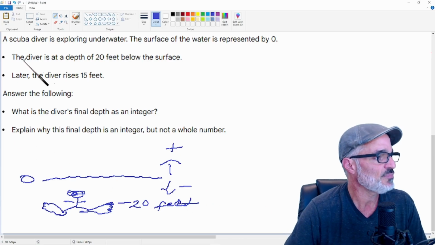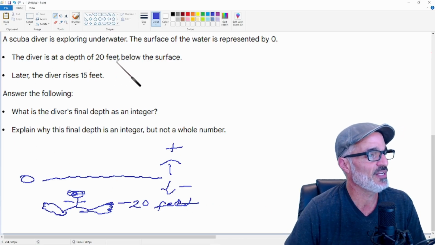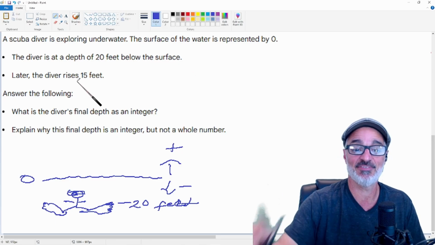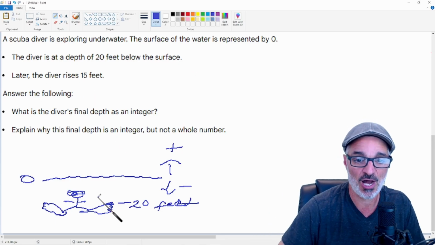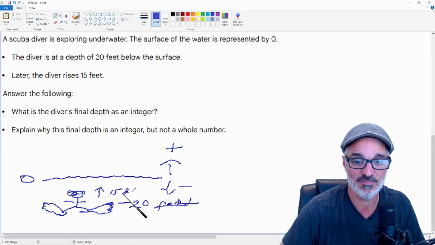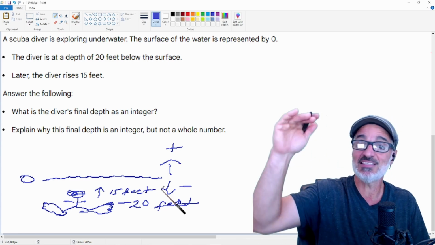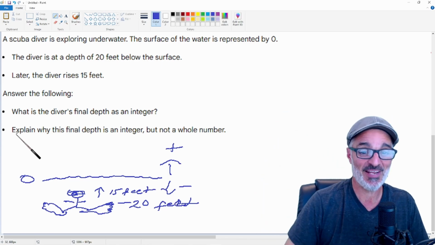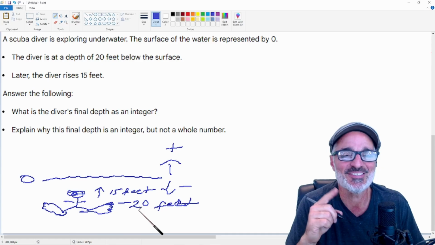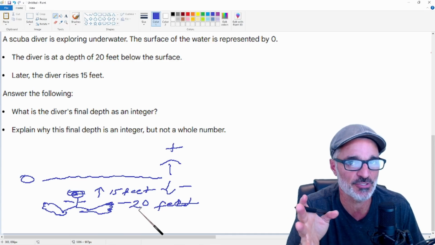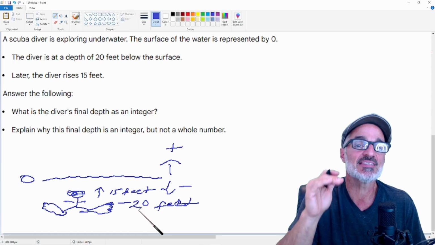All right, the diver is at a depth of 20 feet below the surface. Later, the diver rises 15 feet. So he goes up 15 feet. Even if he went up 15 feet, he's still not at 0, right? So this is interesting. Where is he in terms of numbers when he rises 15 feet?